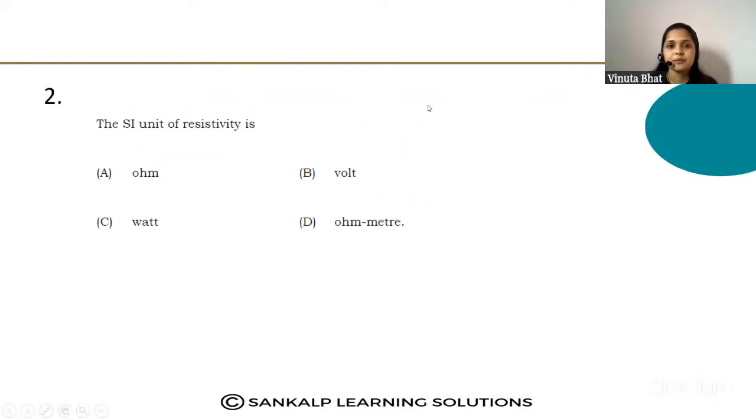Next question. The SI unit of resistivity is: ohm, volt, watt, ohm meter. Ohm is the SI unit of resistance. Volt is the SI unit of potential difference.